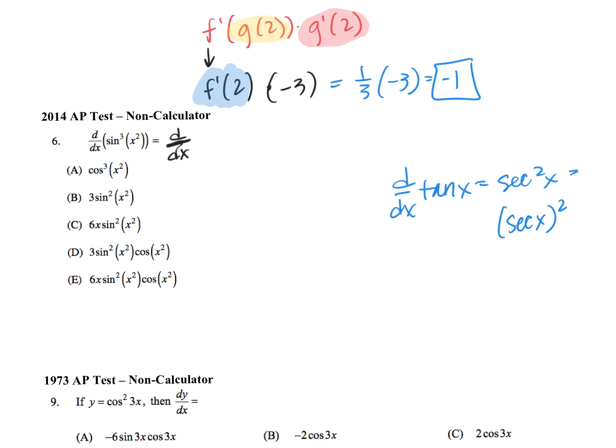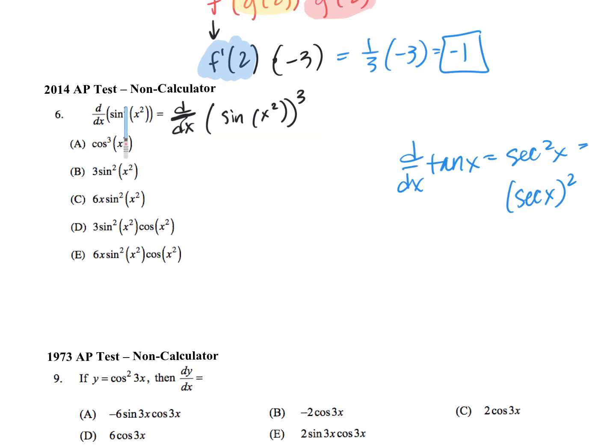The derivative of, this is technically sine of x squared, and then that quantity is cubed. So now this is the outermost. We basically have an everlasting gobstopper with all those different layers. You ever eat an everlasting gobstopper and all the colors change? Here we go.